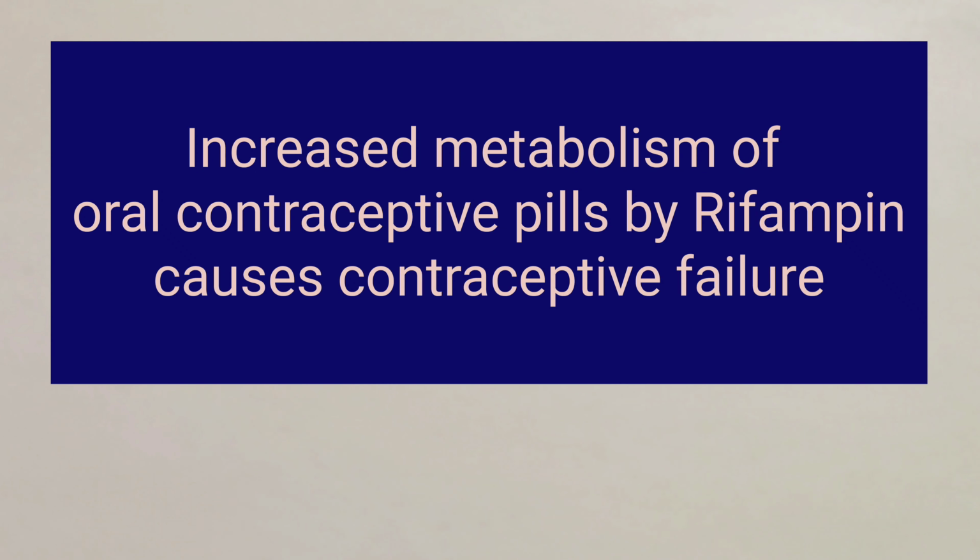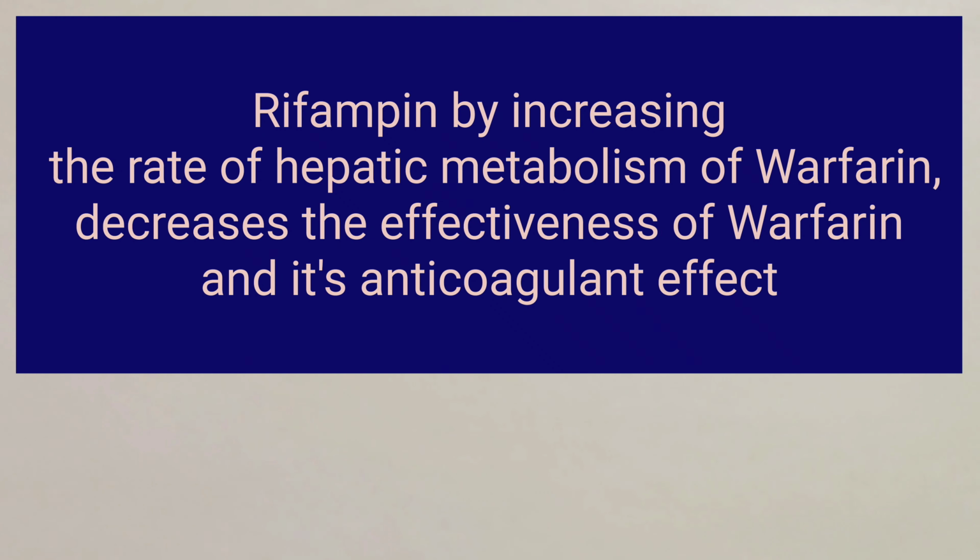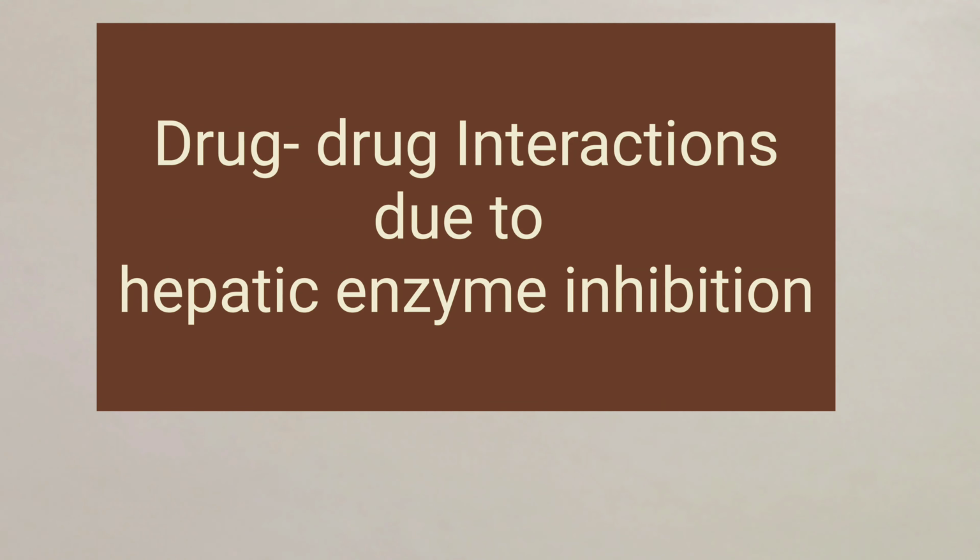Due to stimulation of metabolism, there can be contraceptive failure. The second example is that of rifampicin, which decreases the effectiveness of warfarin due to increased metabolism of warfarin and decreasing the anticoagulant effect.